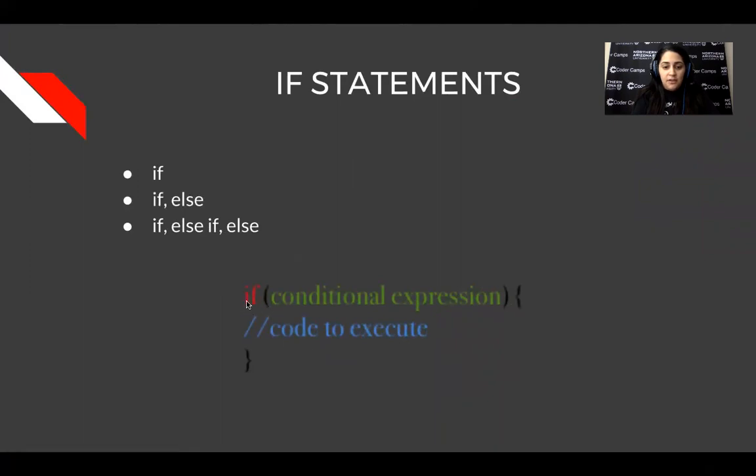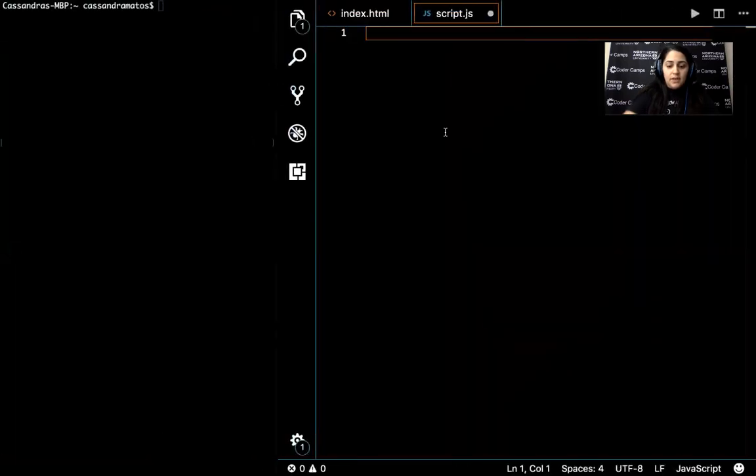Now, if we were to write that in pseudocode, if we look at the breakdown structure here, we have the if keyword and then a pair of parentheses. So if we write that here, if, and then inside of the parentheses, we're going to write what we're checking. For the example of the sneakers, I'm going to declare variable wallet. Now I'm going to set it equal to an initial value of $400.